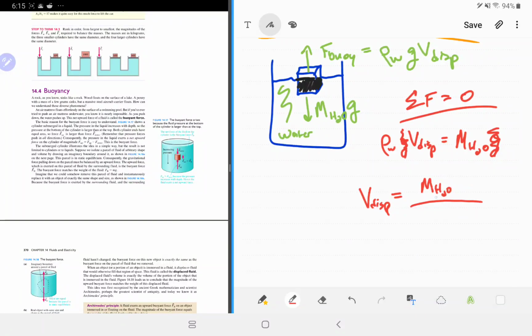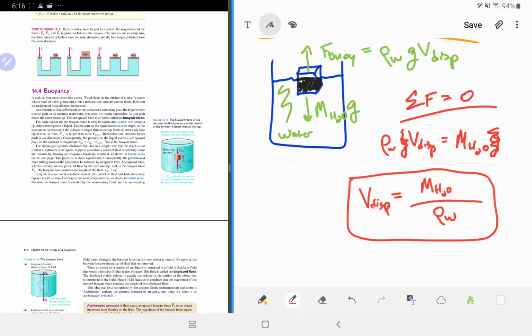So V displaced is equal to the mass of the H2O, the ice cube, divided by rho water. This isn't the volume of the ice cube. This is the volume underneath the water level. It's this part in black right here. Just that.